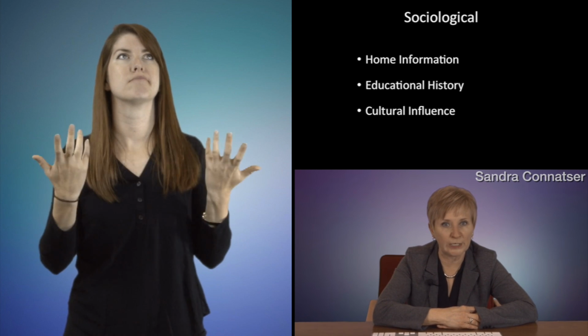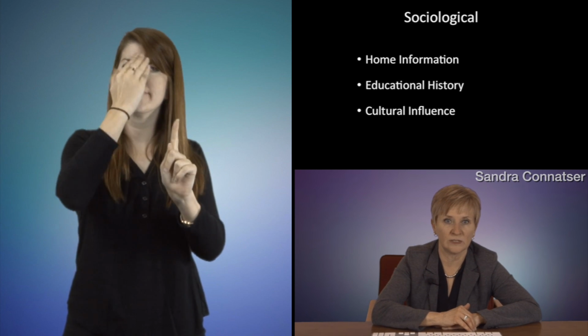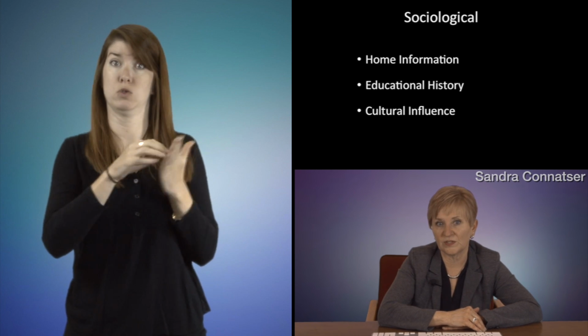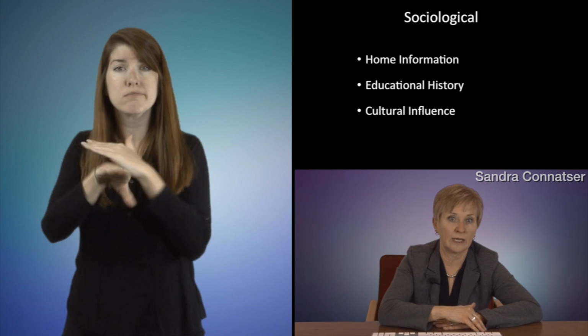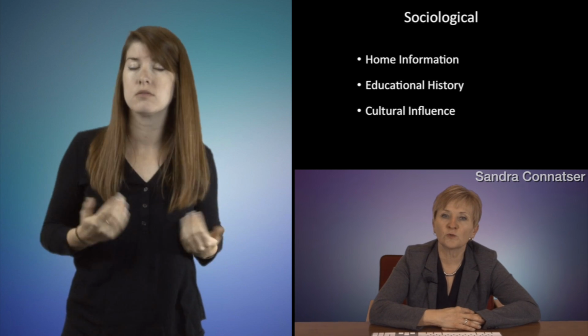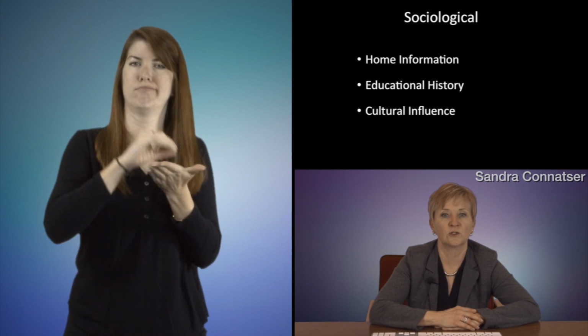Educational history is very important. It's important to know how long the student has been in school and if the student received services before they entered school, possibly at the age of 3. Additionally, cultural influences and information is included in the sociological section.